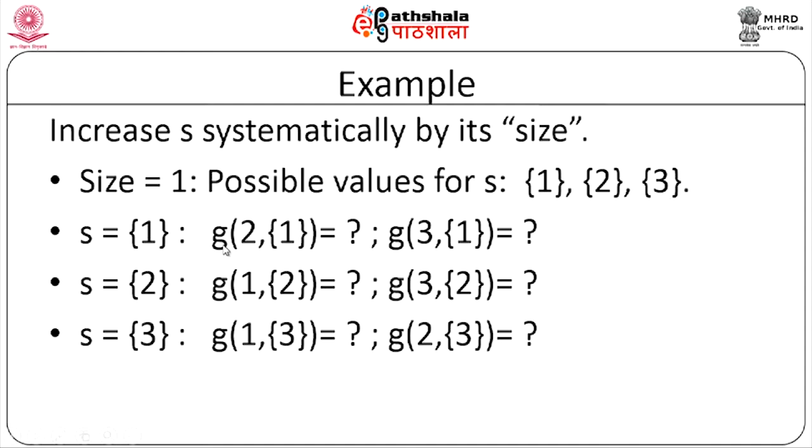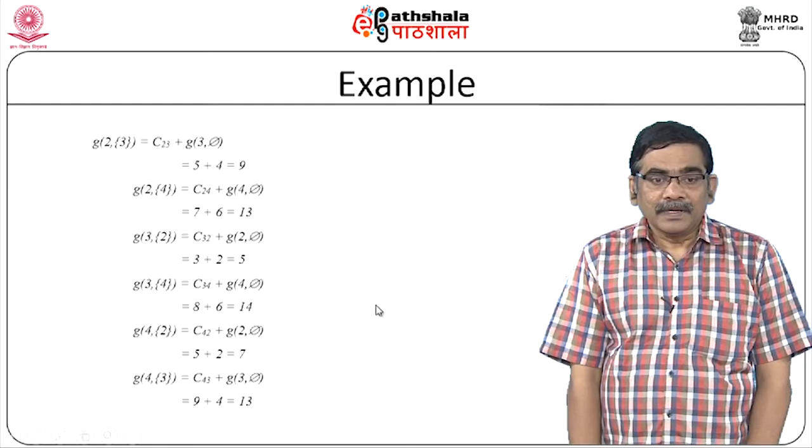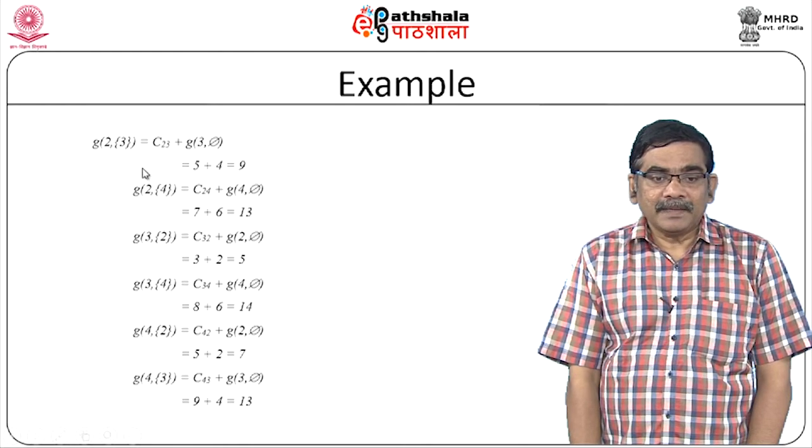Therefore, if S is going to be {3}, then we have to find g of 2 comma {3}, then g of 4 comma {3}, then if S is going to be {2}, we have to find g of 3 comma {2}, like that. So, in other words, it becomes like this.